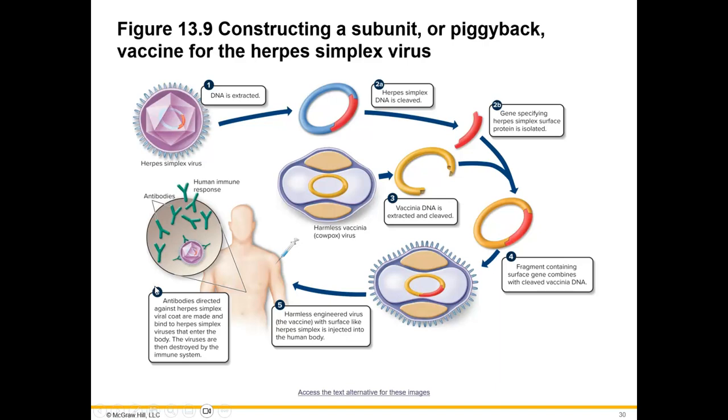Usually the virus will have replicated so many times and caused so much damage that it's much harder to kill. But if we can recognize it right away at the first interaction of our cells with that herpes simplex virus, then we have increased our ability to fight that virus and to overcome it.